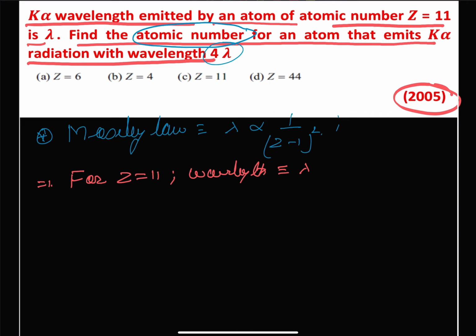So for the new atomic number, which is our Z prime, wavelength is lambda prime. So this lambda prime will be equal to 4 times lambda.